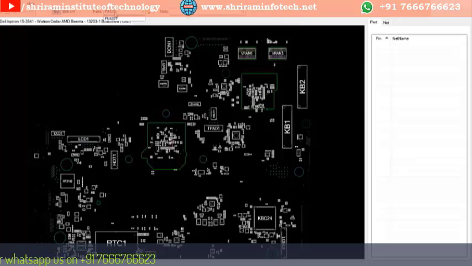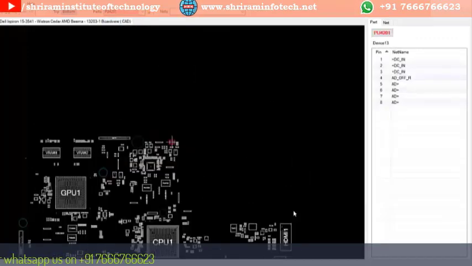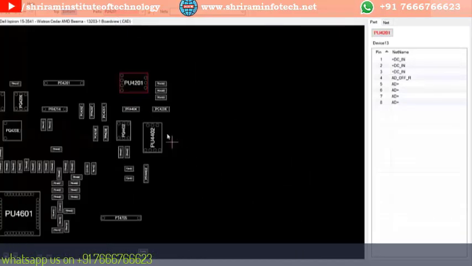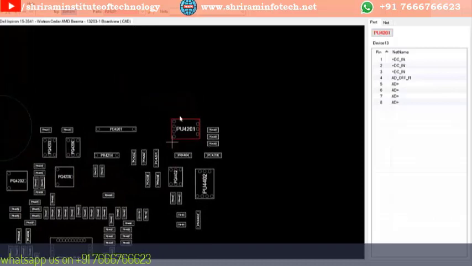Then we have to search like this. Then it will show this corner. This one is my PU4201, that particular MOSFET. So we are using BoardViewer to find the component where its location is. Understood? So here is this MOSFET.